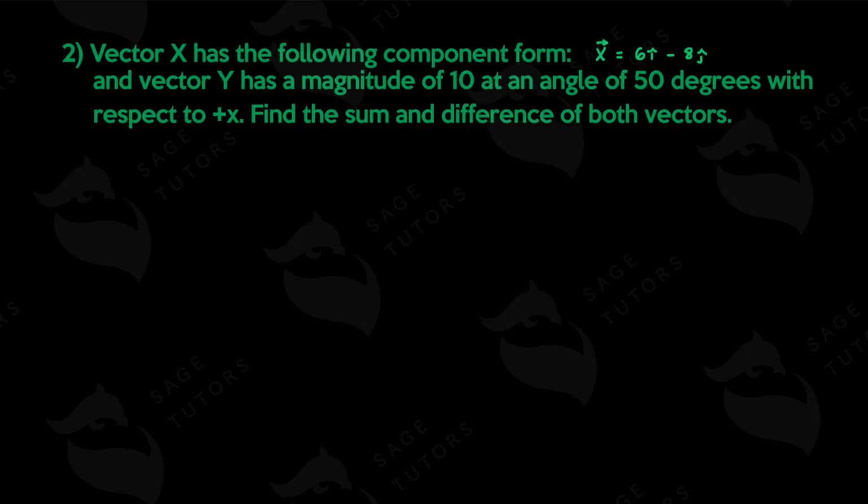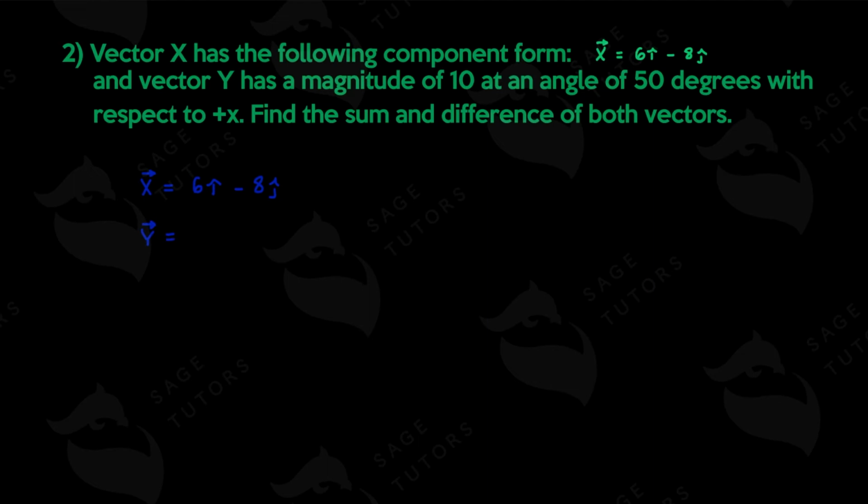Remember that in order to add or subtract vectors, it is easier to do so by changing both vectors into their Cartesian coordinate forms. So the x vector is no problem. We already have this vector in its Cartesian coordinate form. But the y vector is given in its polar coordinate form.